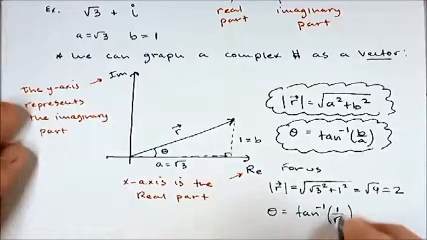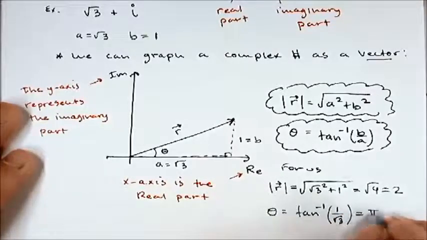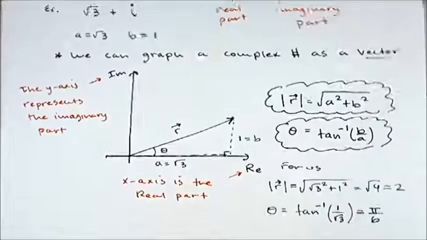Here you might need a little knowledge of the unit circle or triangles, but this angle ends up being pi over 6. Okay, so that's a complex number.